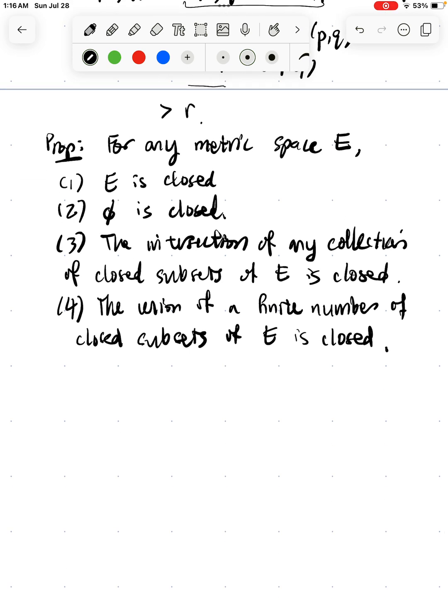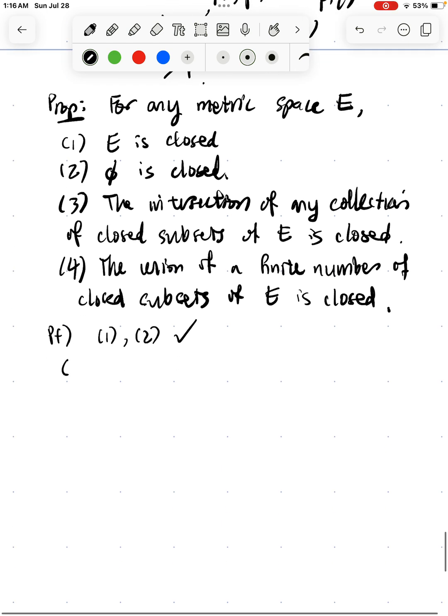Okay, so let's take a look at the proof. Numbers 1 and 2 we've done. For number 3, let's say that you have a collection of closed subsets of E, say the intersection over alpha in A of S alpha, where S alpha is closed. We want to show that the complement of this is open.